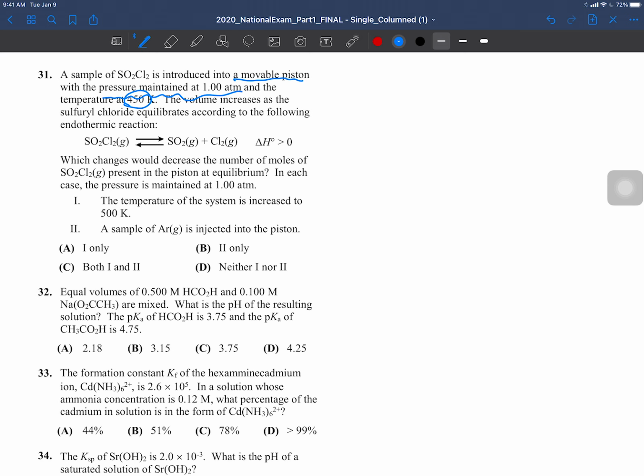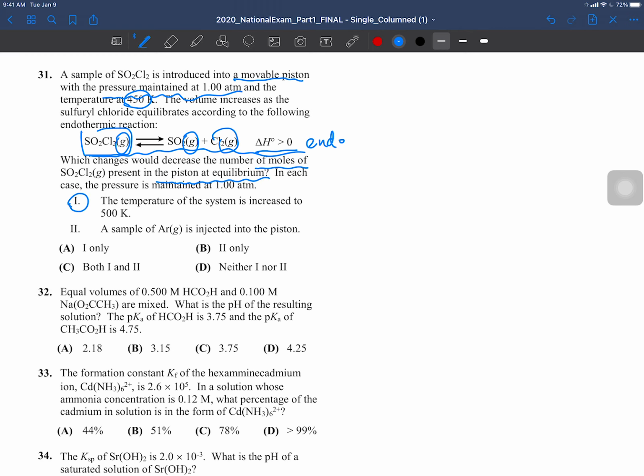And then there is equilibrium. All of the reactants and products are gases. And then the delta H is positive, which means it's an endothermic reaction, right? So I think we simply interpret the information first. The question is asking which changes would decrease the number of moles of the reactants present in the piston at equilibrium.